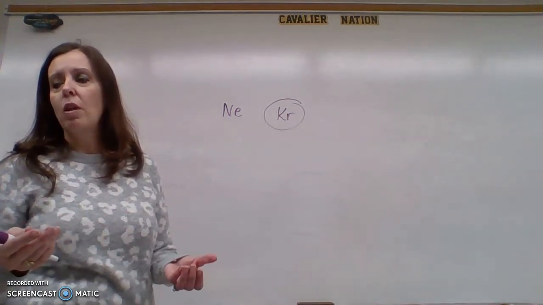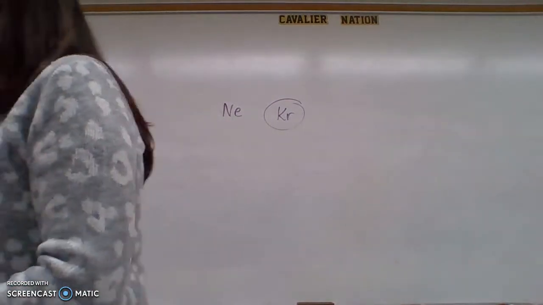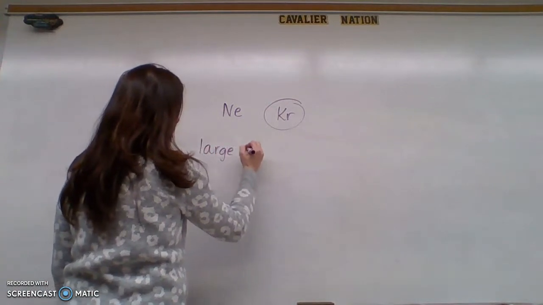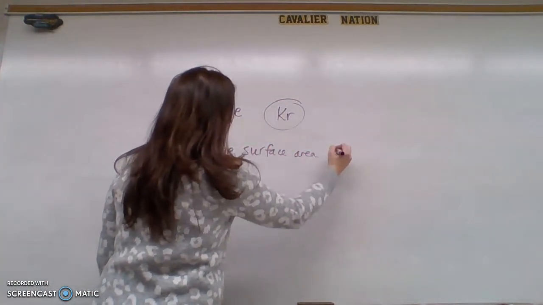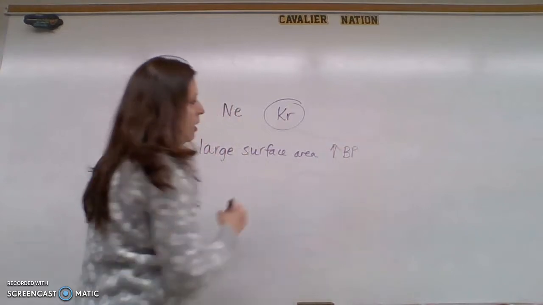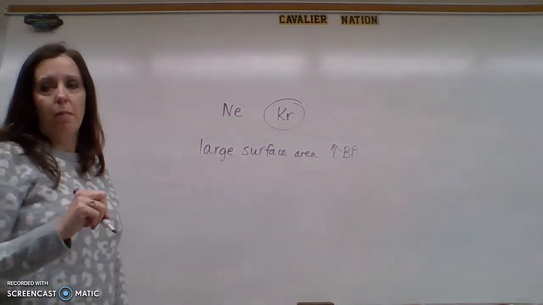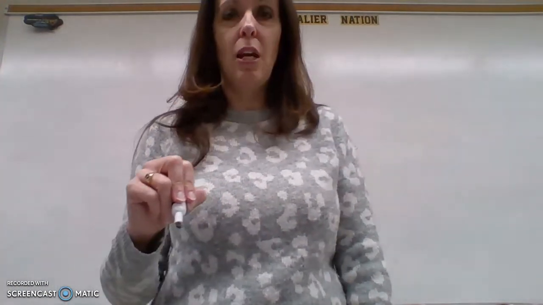Another thing you would look at is surface area. If you have a large surface area, you expect an increased boiling point. In your book, they give you the example of pentane and neopentane.